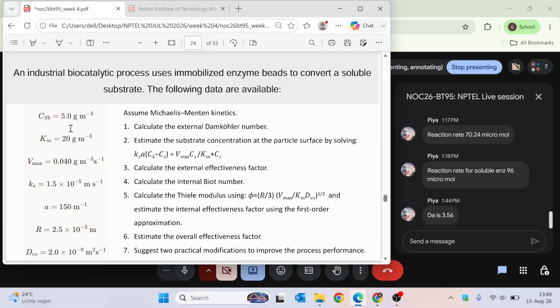Just right before this question, we saw how to solve for it. Similar strategy you have to use and solve for CS.